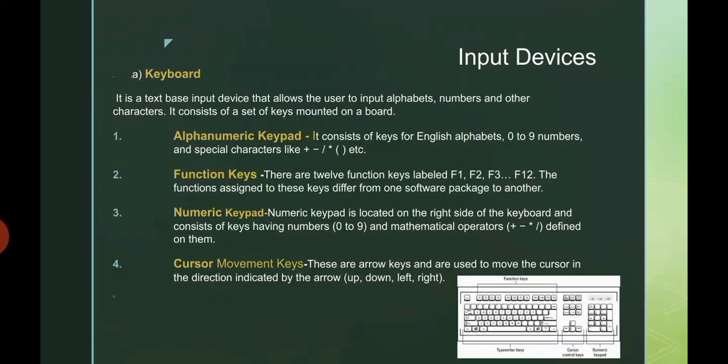The fourth part of the keyboard is the cursor movement keys. These are arrow keys and are used to move the cursor in the direction indicated by the arrow. So if we want to move our cursor in our computer system, we can use up arrow, down arrow, left arrow and right arrow.